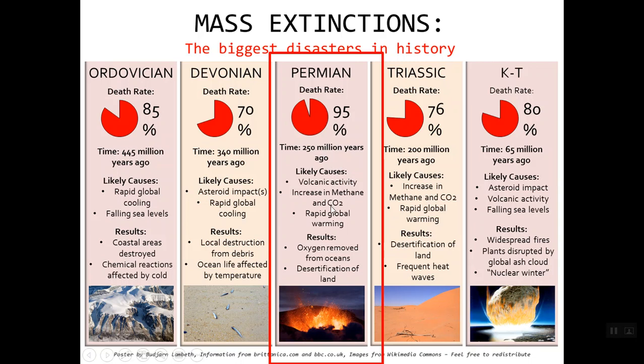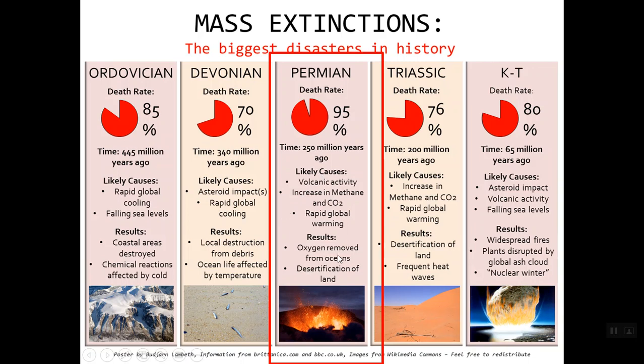Now, in terms of the reason why these mass extinction events happen, it's very simple. Big catastrophes, big changes in conditions on Earth. And for instance, for the Permian extinction, we think that the volcanic activity increased quite a bit all over the planet for some reason, and this of course released lots of toxic gases.